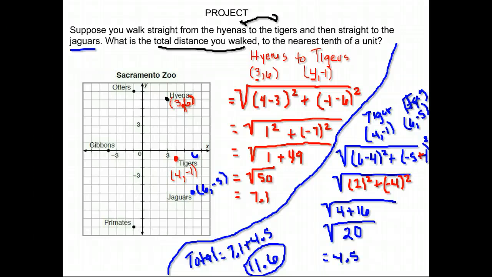Very good. Yep, it would be a distance of 11.6. So if you use the distance formula, that is what that problem would look like.